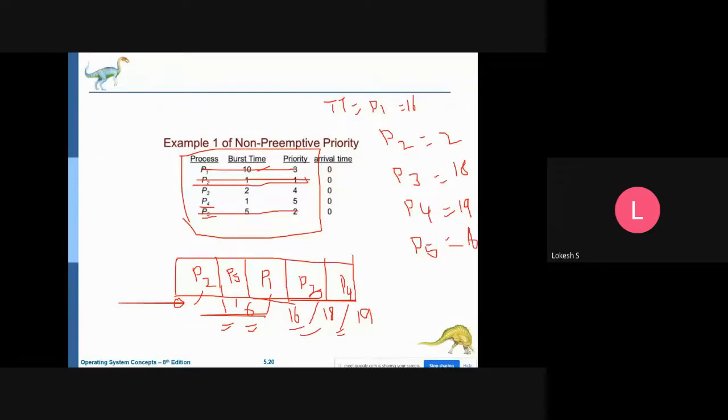So this is the turnaround time. If you add and divide by 5, that is the average turnaround time: 16 plus 2 plus 18 plus 19 plus 6 divided by 5. The total turnaround time, triple T, is 19, when all the processes complete their work.